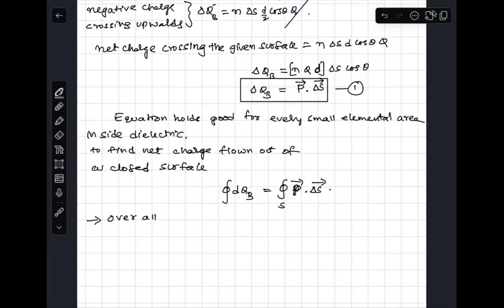Polarization involves dipole. For every negative charge, there is an equivalent positive charge. Now tell me again. In this state, is there any net charge for the dielectric? Do you find any net charge for the dielectric? No, there won't be any net charge. So overall, dielectric was neutral.